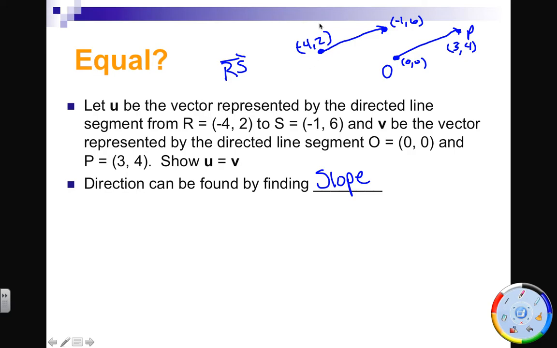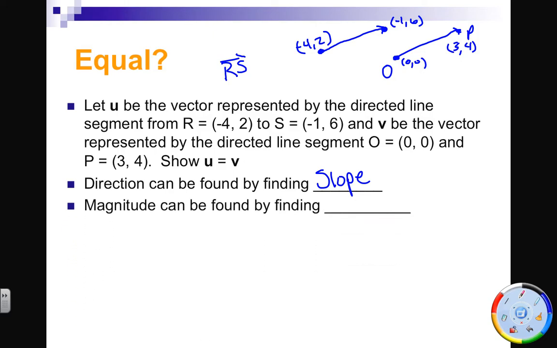And then I mentioned something about magnitude or length. We have this handy formula called the distance formula to find the distance between 2 points. Well, distance is length. So we can find magnitude by finding distance.